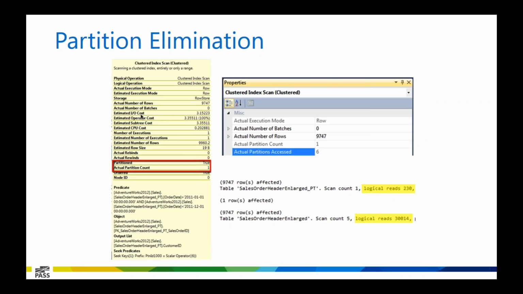Now, if you go over to the properties, and I'll show this in a demo, the wording here is a little misleading to me, and I think to a lot of people when they start with table partitioning. We see actual partition count equals 1, but it says actual partitions accessed 6. Most people when they see that think, oh my gosh, six partitions were accessed, but that's not true. That's the number of the partition that was accessed.